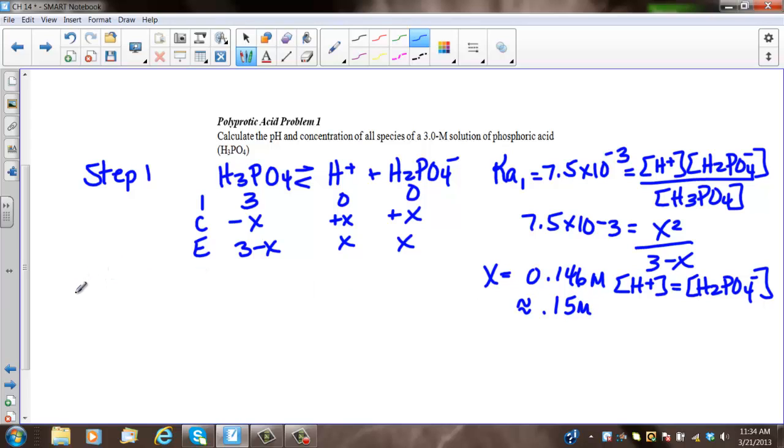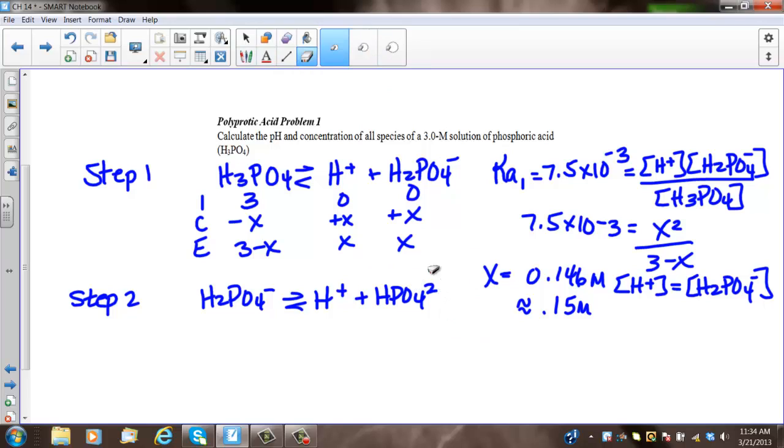Okay, going to step 2 now, we're going to start with our product, which was H2PO4 minus, and we are going to remove a hydrogen, and we're going to be left with HPO4 2 minus. In setting up our ice table, we have to include what we learned in step 1.